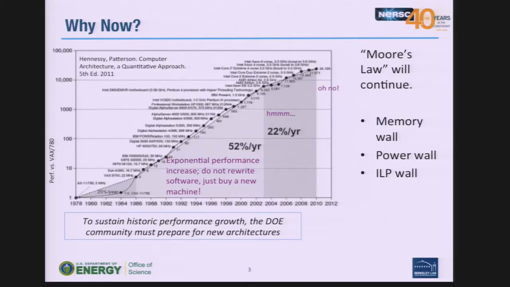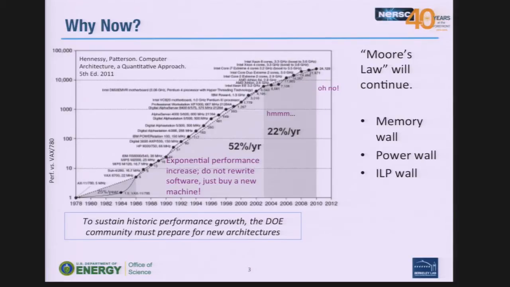Okay, so in this next chart, the x-axis is time. It starts here. I was born around here. Now this group, you guys were probably born around here, somewhere in the late 80s. What this is a graph of is the increase in processor performance over time compared to this VAX system, which none of us, except maybe a couple in the back, have programmed.